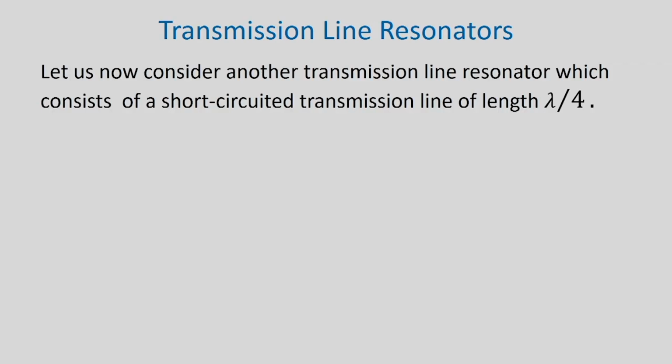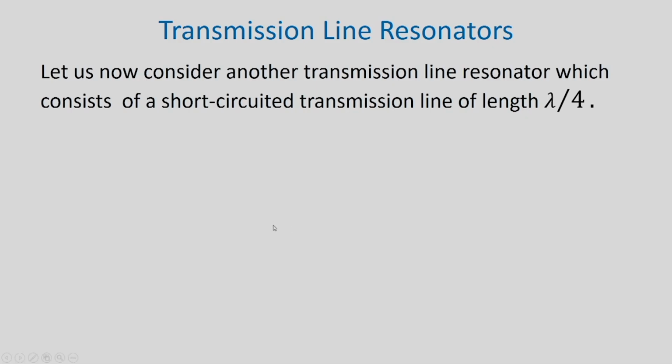So, we continue our discussion on transmission line resonators. We consider another type of transmission line resonator. Here we consider a short circuited transmission line of length lambda by 4.